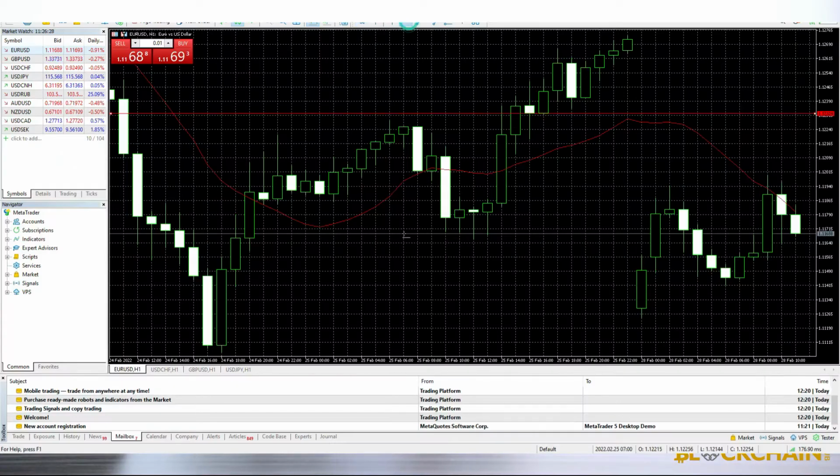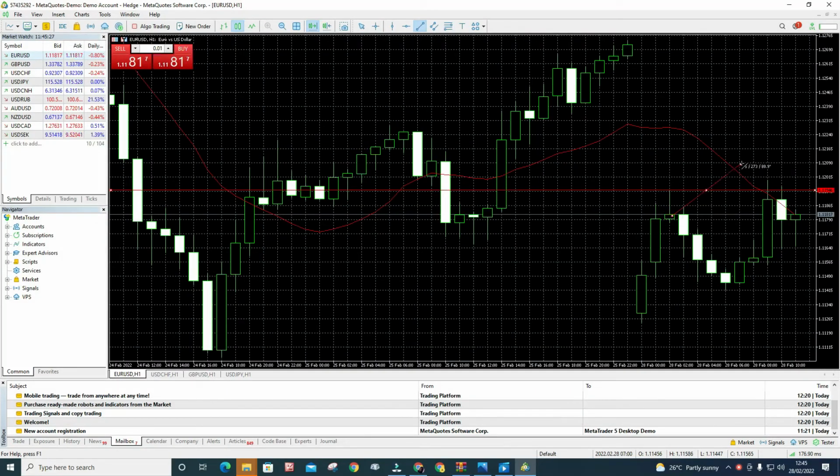What do I mean by that? Remember, I've already mentioned support and resistance, the floor and the ceiling or the roof. At times the market can break through the roof. If the market breaks through the roof, technically, you expect that roof will now become the floor or the support. Once the price pierces through the roof, you expect that this price will keep going up, which in most cases does not happen, but sometimes it does.